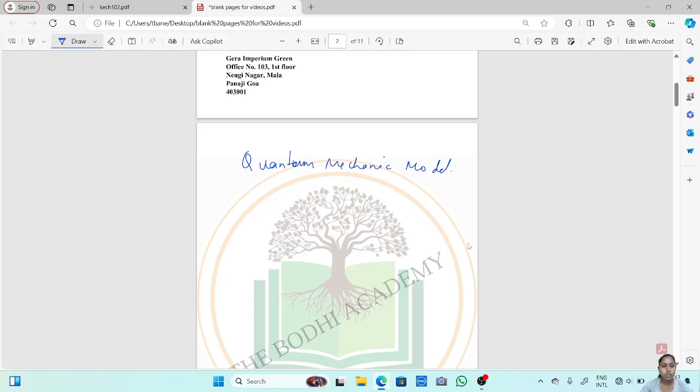Now we have seen that the quantum mechanical model basically deals with three quantum numbers, right? What are the three quantum numbers? First is the principal quantum number. Second is the azimuthal quantum number. Third is the magnetic quantum number.